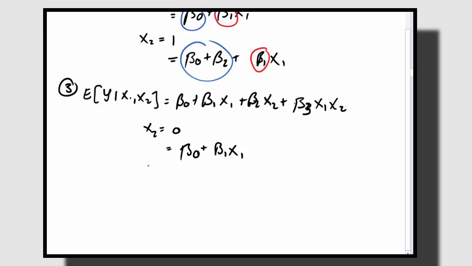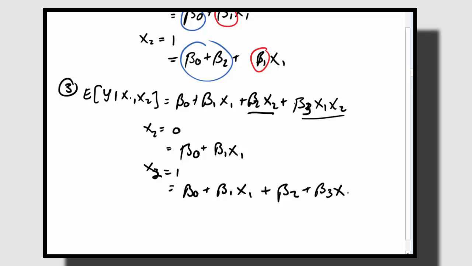Okay. Now let's work on the case when x2 is 1, which is the case when the province is majority Catholic. So we get beta naught plus beta 1 x1 plus now beta 2, this term is present because x2 is 1, and this term is now beta 3 times x1 because remember x2 is equal to 1 in this case that we're considering.